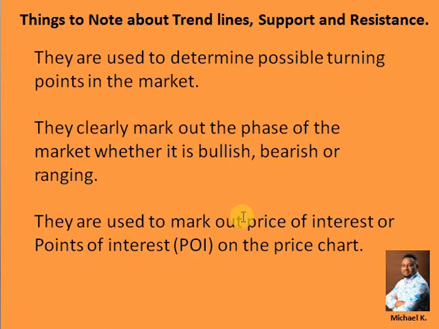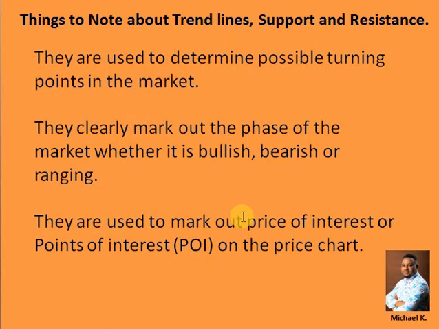Now, the support and resistance and the trend lines help you to spot possible turning points. We'll look at how this is implemented and how this is done in the subsequent classes.